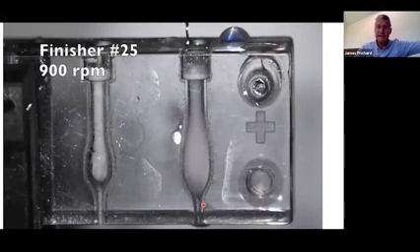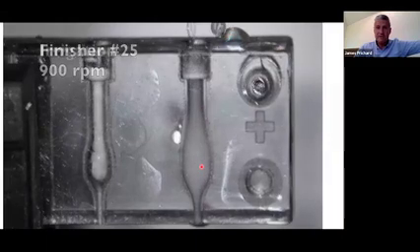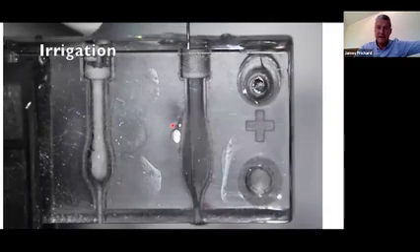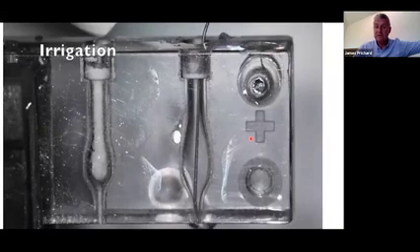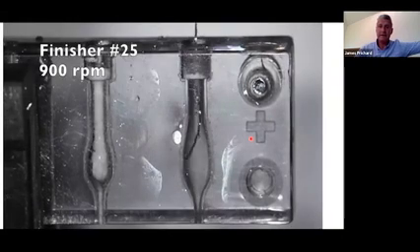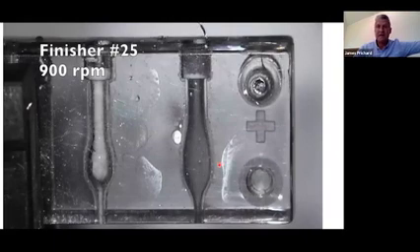You can see the instrument is rotated and brought up and down along the entire length of the root canal space. By moving it up and down, hopefully we get mechanical debridement of that space. FKG recommends that you do this for 60 seconds per canal.